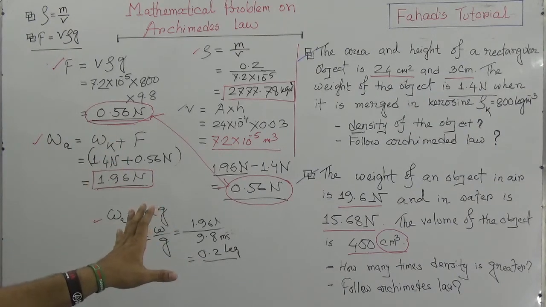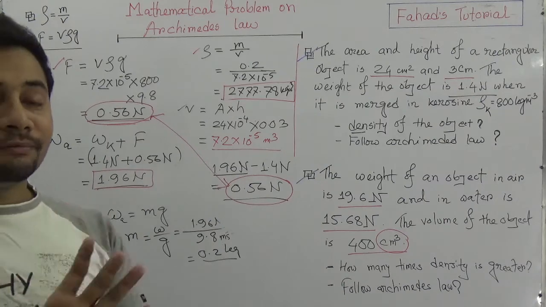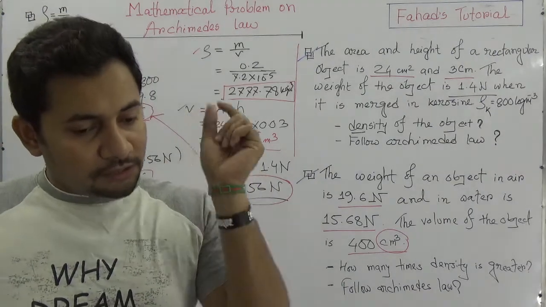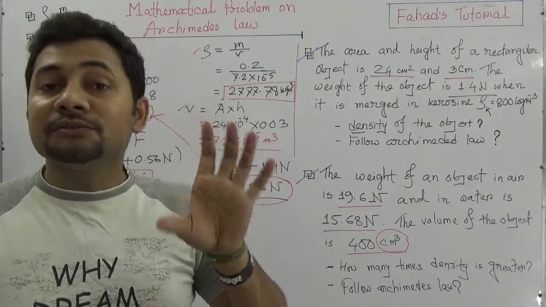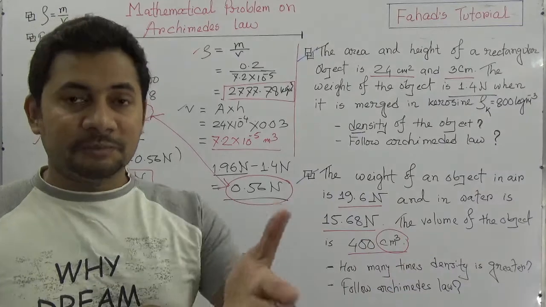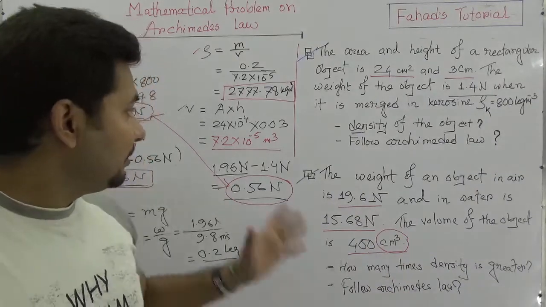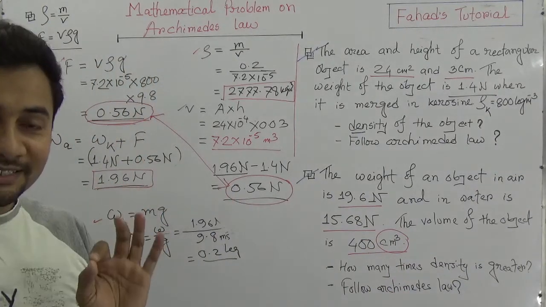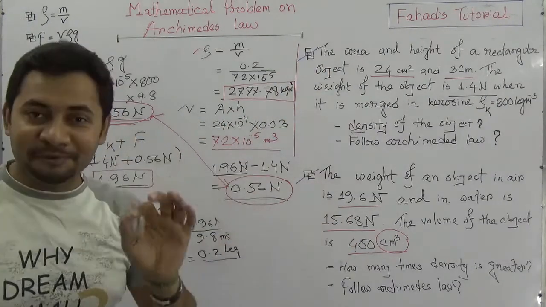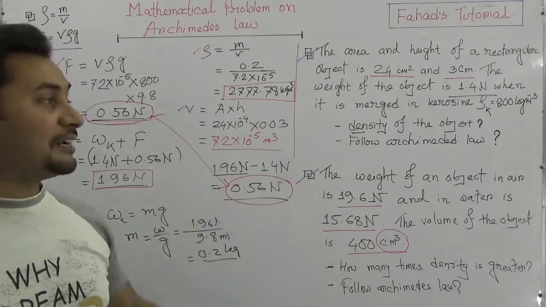After watching this video, let me know whether you really solved it with your own hand, and solve some more problems from your test paper or whatever source you have. Let me know if you really understand what I explained here. I just picked some easy, primary level mathematical problems on Archimedes law.